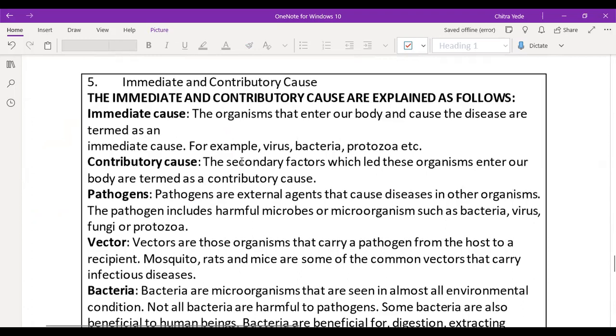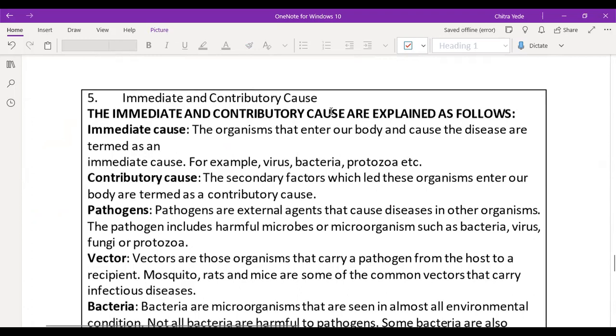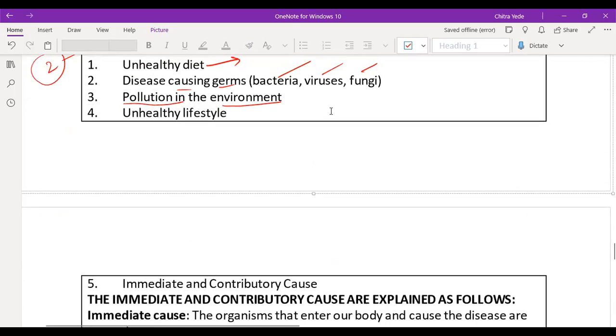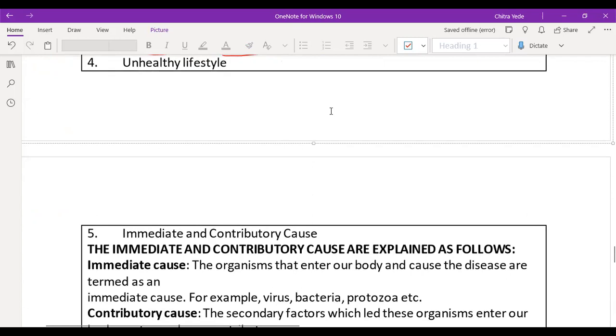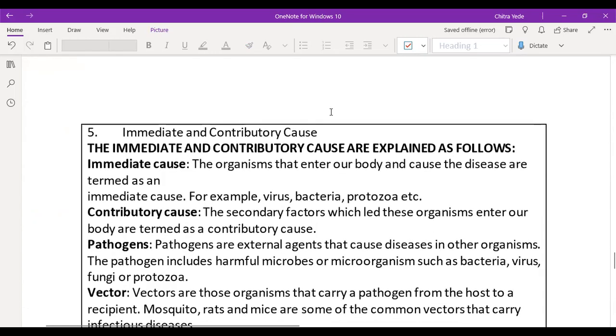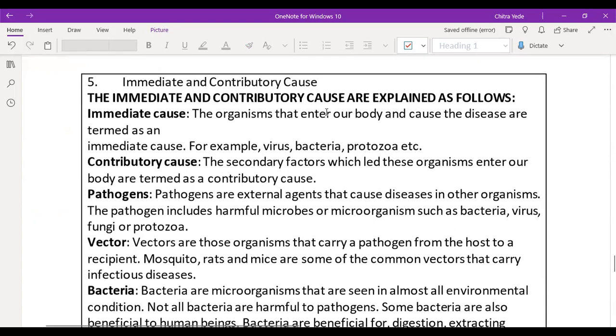Now, immediate and contributory causes. Along with the external factors, we have one more: the immediate and contributory causes. Disease may be contributed from person to person also, like in the case of COVID.